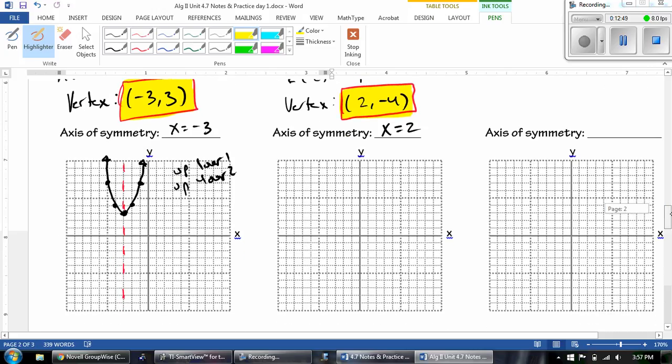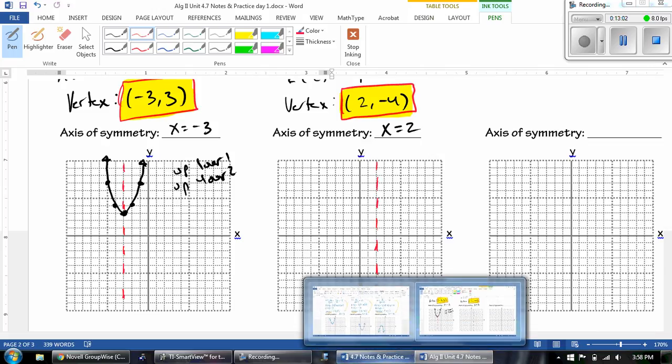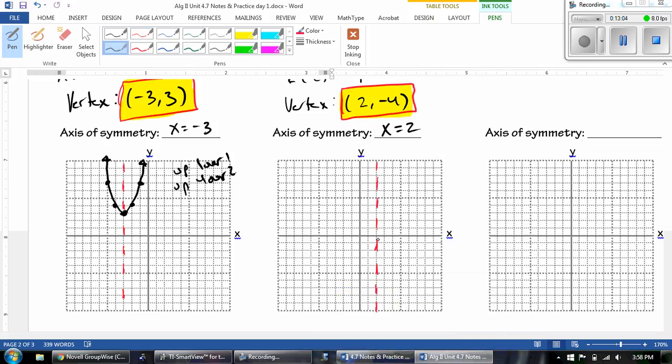Okay. So first thing I'm going to do is draw my axis of symmetry at positive 2. I'm at 2, negative 4, which is right here. And then with our pattern, we're going up 1 over 1, up 4 over 2.